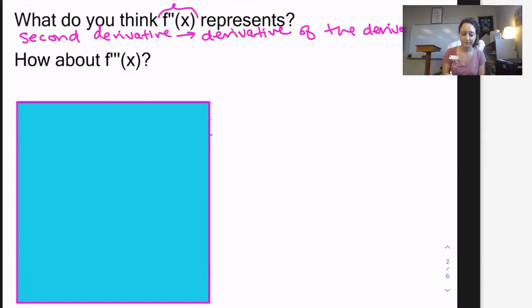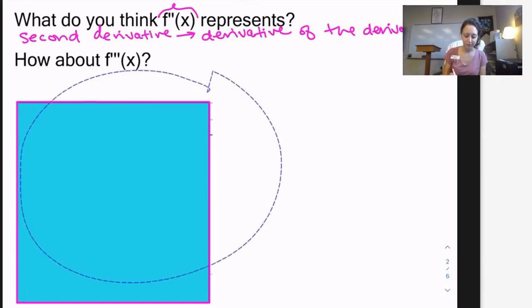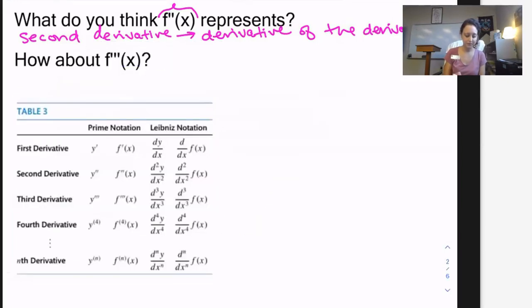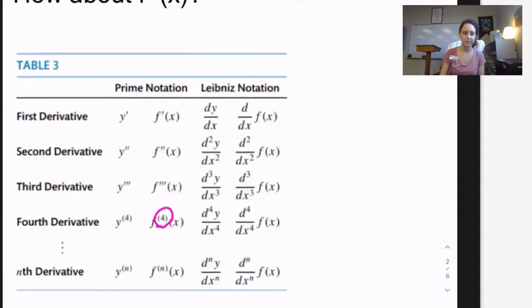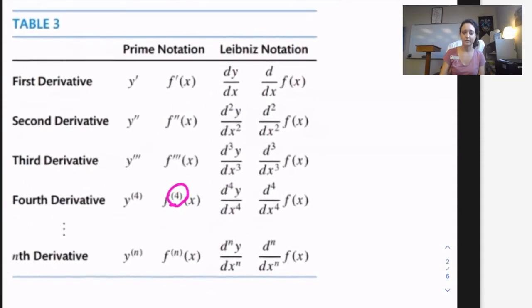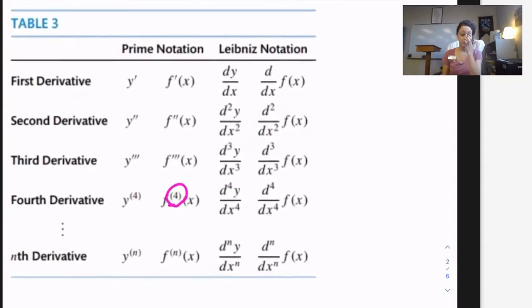So after 3, instead of a tick mark, we usually do parentheses with that number. So if I want the 4th derivative, you'll typically see parentheses 4. If I want the 7th derivative, you could have f, parentheses 7 as a superscript, of x. So that's your prime notation.